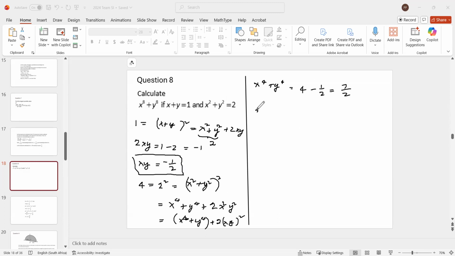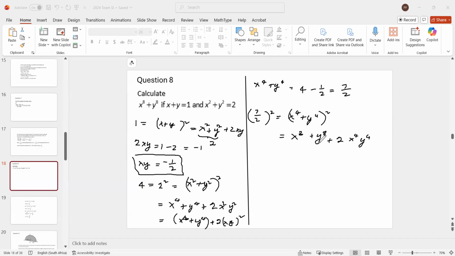So you'll have 7 over 2 all squared is x to the 4th plus y to the 4th all squared. That gives you x to the 8 plus y to the 8, and that's where we want to get to, plus 2 x to the 4th y to the 4th. The in-between term is twice the product.